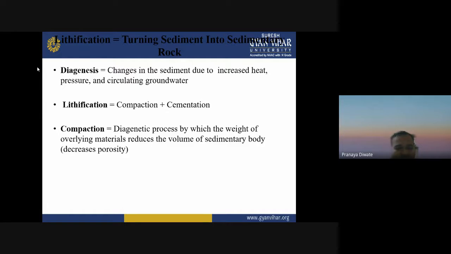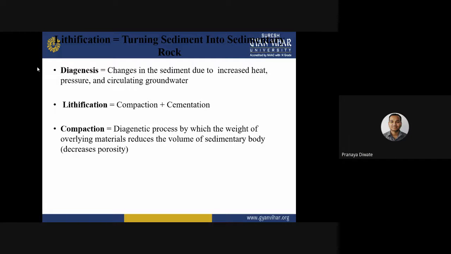Then the diagenetic process: the weight of the overlying material reduces the volume of the sedimentary body. That is your diagenesis.